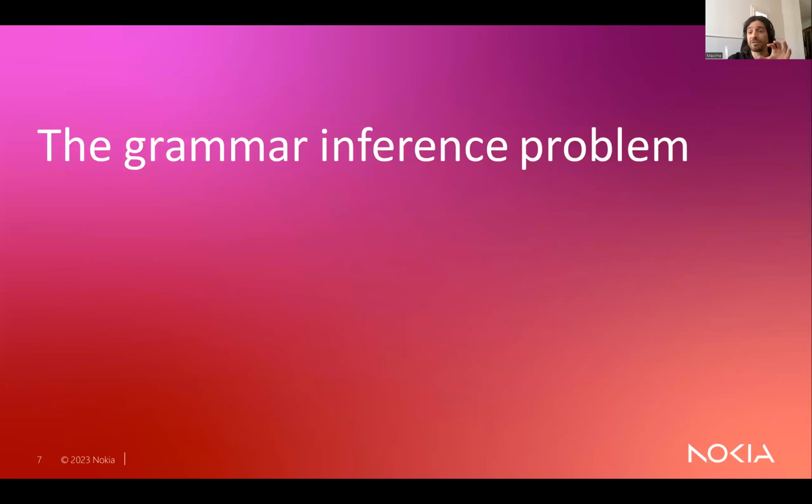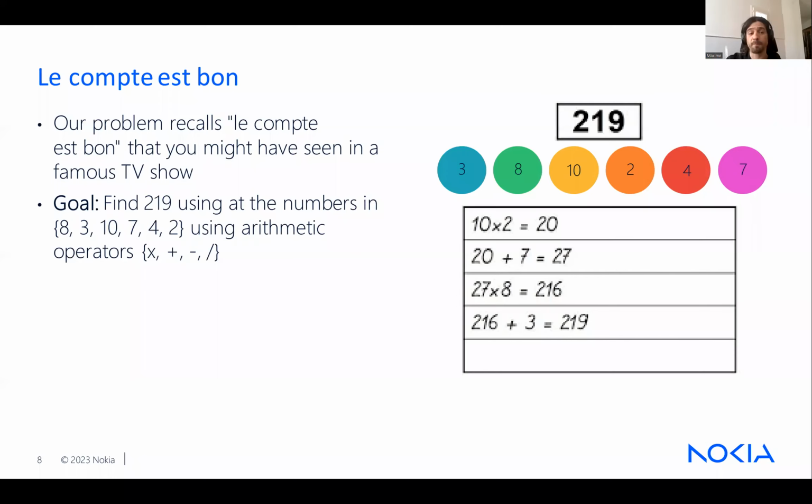So now let's dive deeper into this problem. Basically, we will make a metaphor between a game from a TV show, called Le Compte est bon, and our grammar inference problem.